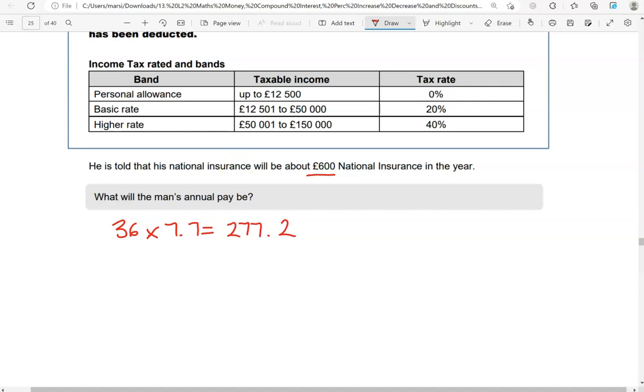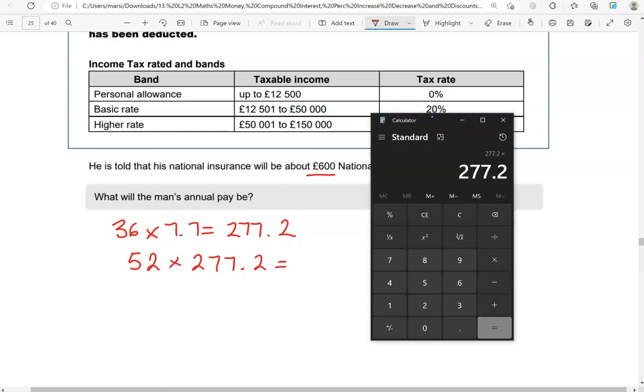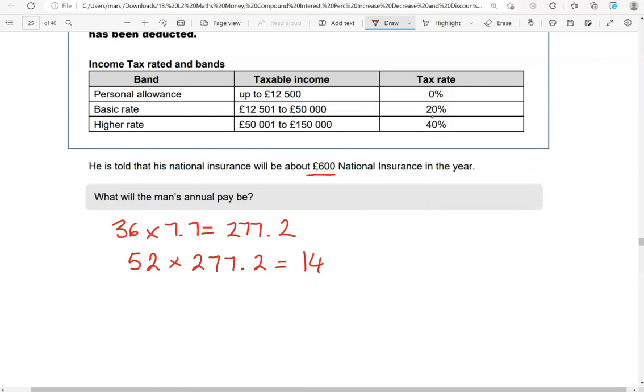There are 52 weeks in the year, so we're going to do 52 times 277.2, which is 14,414.4.